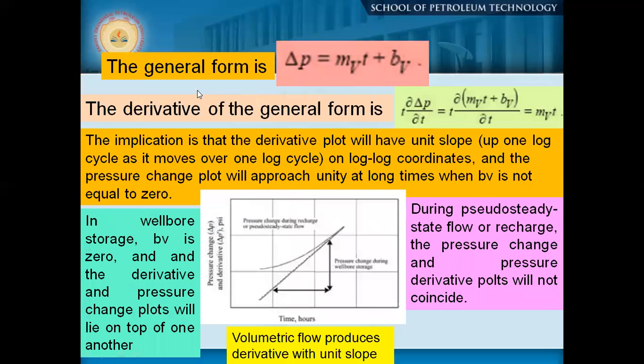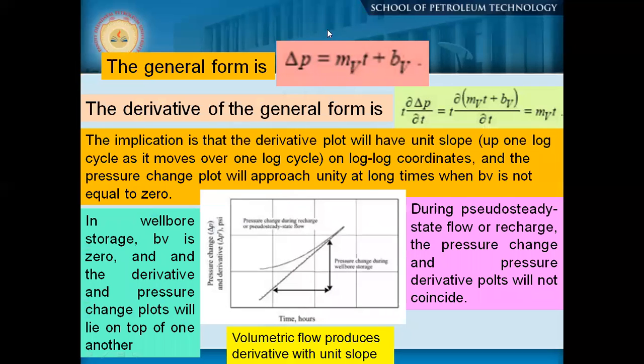So this is two parts. So if I just put, this is the general form of our y equal to mx plus c. So del P is your y and this is your mx plus c. So this is your BV, bulk volume, and this is your particular formulation and the derivative.